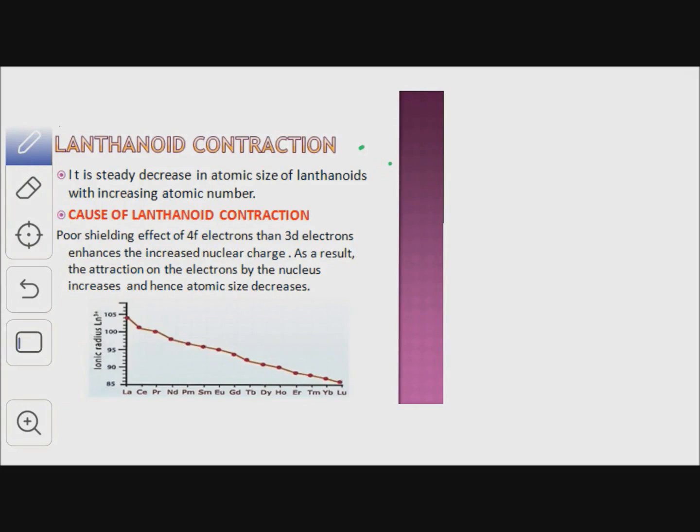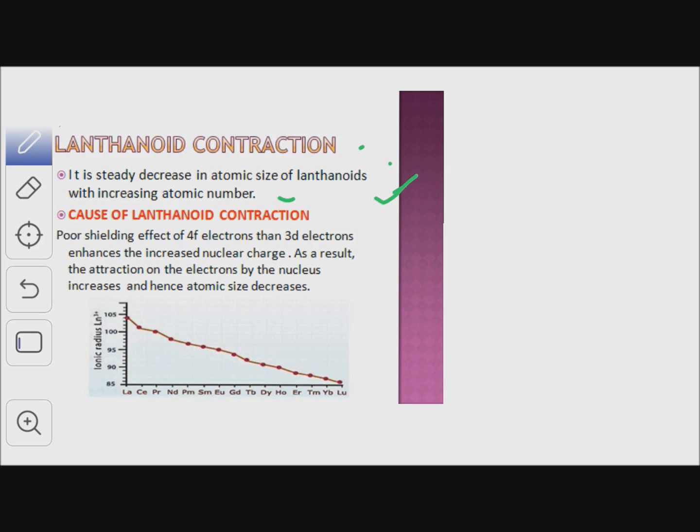Lanthanoid contraction. It is the steady decrease in atomic size, atomic radii and ionic radii of lanthanoids with increasing atomic number.